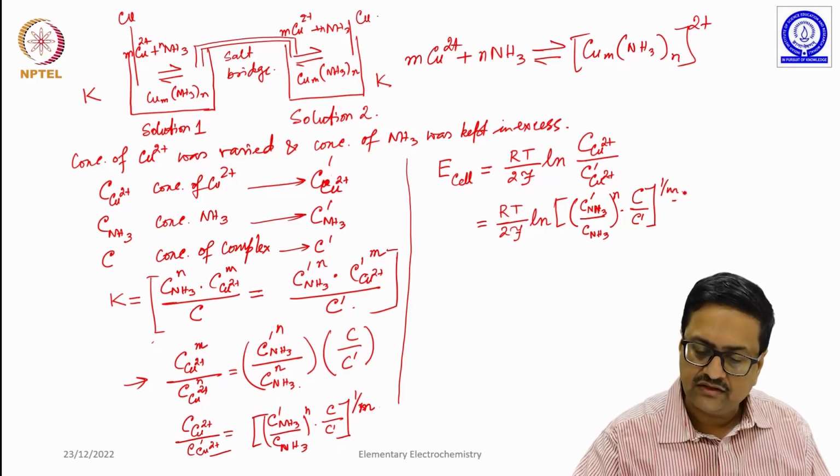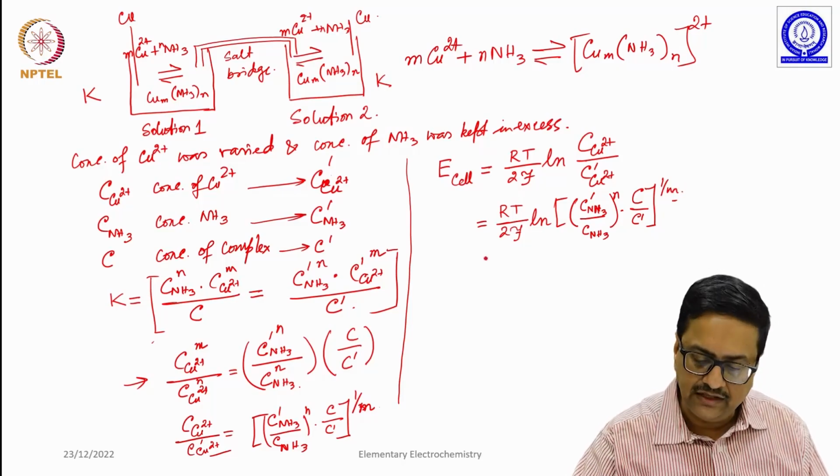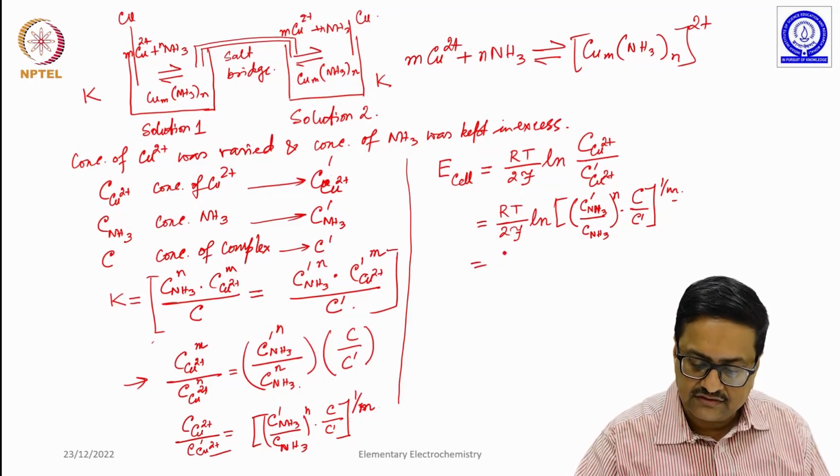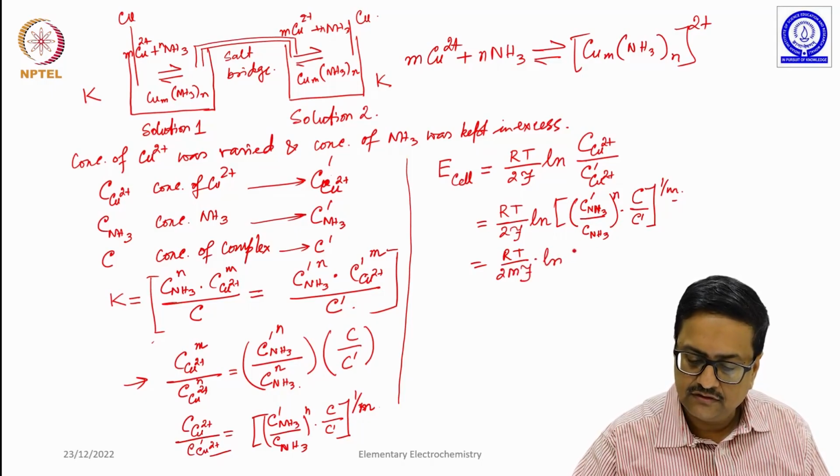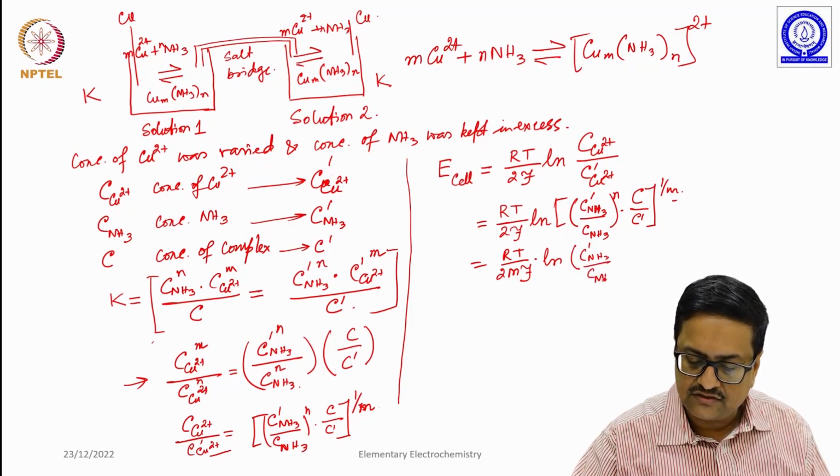Now we can take this 1 by m out of ln by writing it as RT by 2mF ln C NH3 prime by C NH3 whole to the power n into C by C prime.